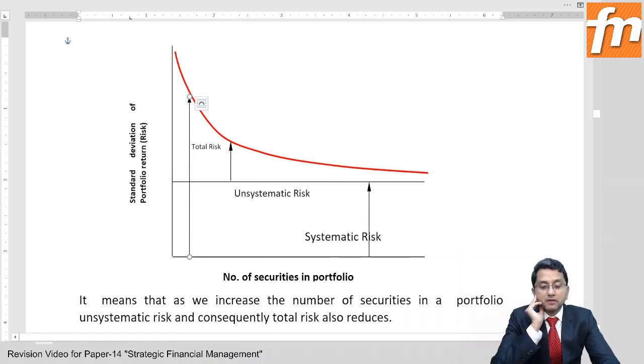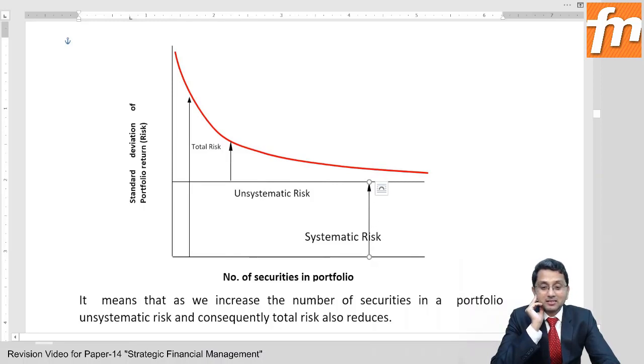Notice that even if you include many securities in your portfolio, still your portfolio risk does not fall below this level. So I can say that this is the bare minimum risk I'll have to take, and this is actually the systematic risk.